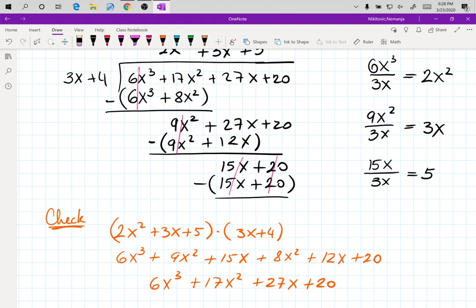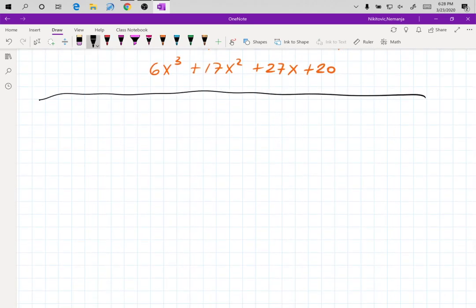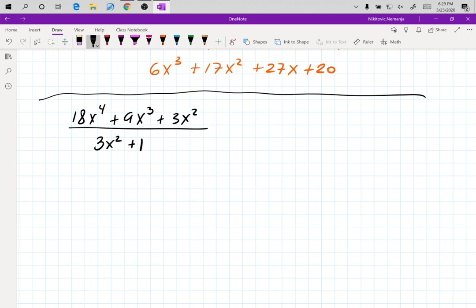Now, some problems will have gaps, and we need to deal with that as well. Number 15 is a perfect example of that, because they're asking you to divide 18x to the fourth plus 9x cubed plus 3x squared by 3x squared plus 1.